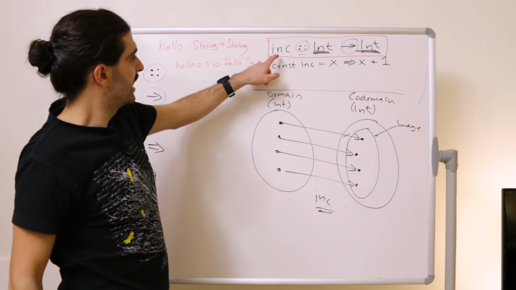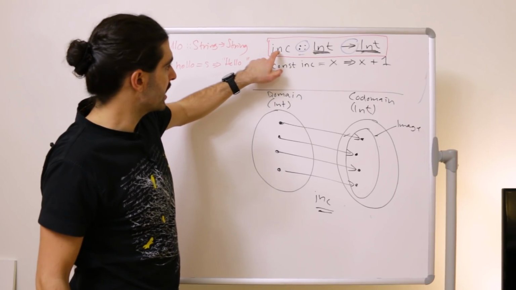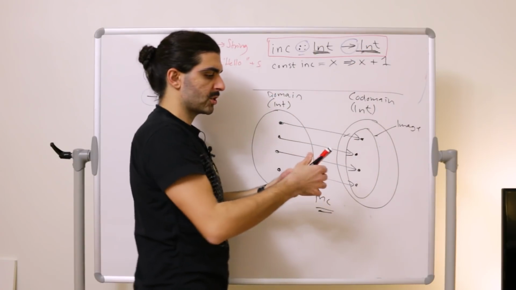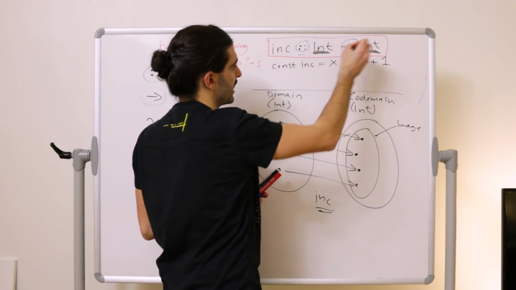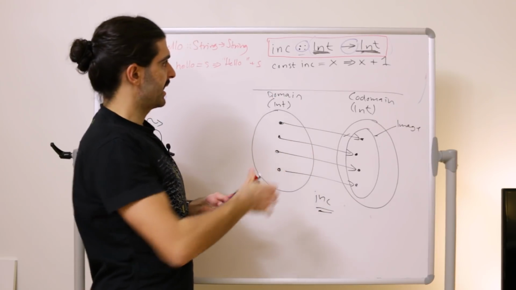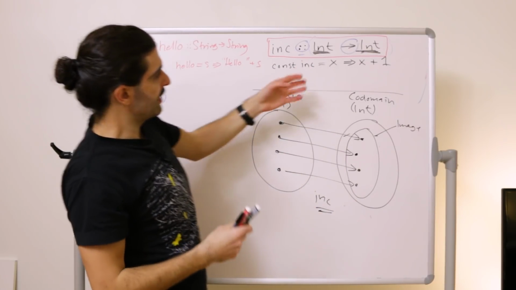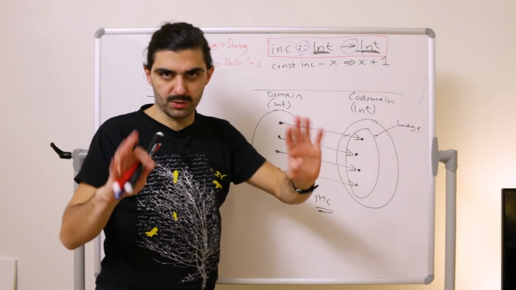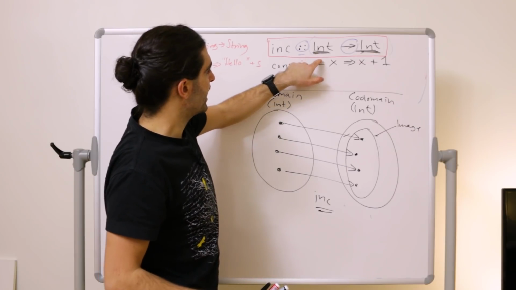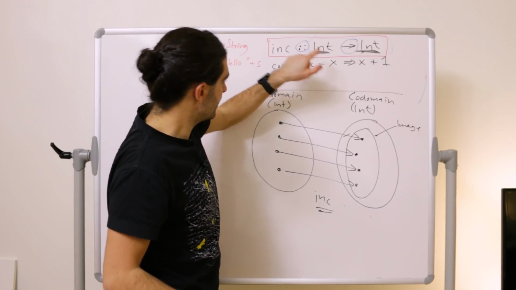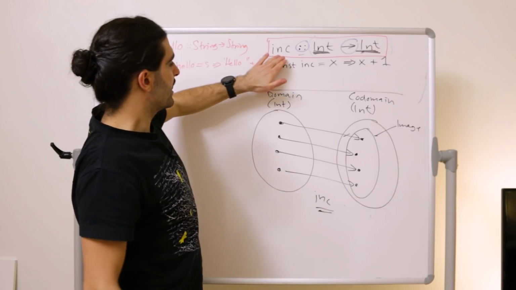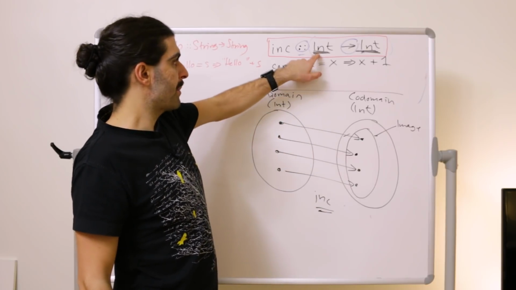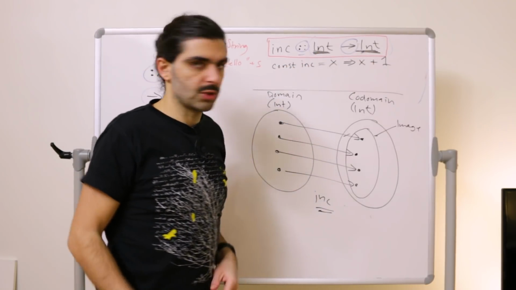So what we say is that the function called inc is a member of the set of functions, if we draw this imaginary parenthesis here, okay, let me restart, sorry. Inc is a member of the set of all functions that map from integers to integers.